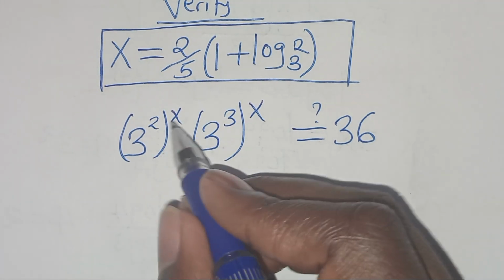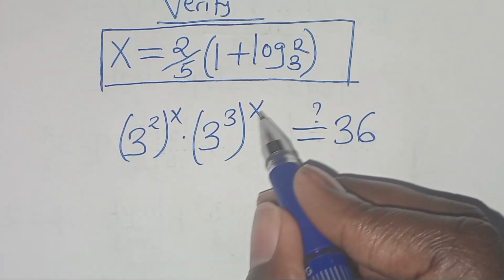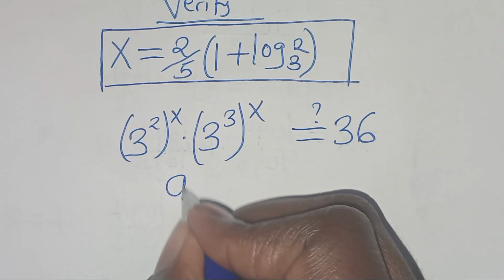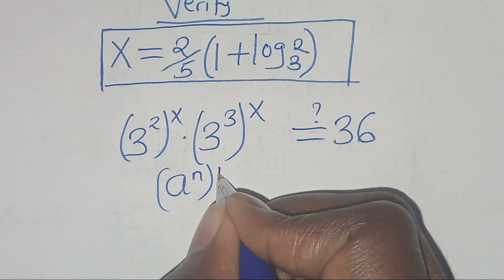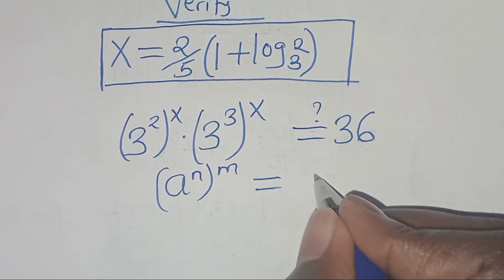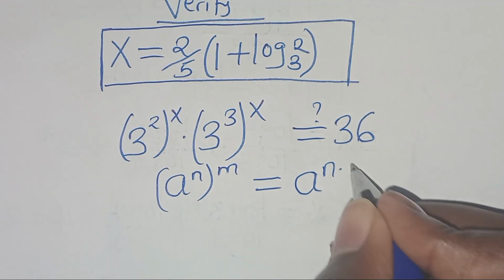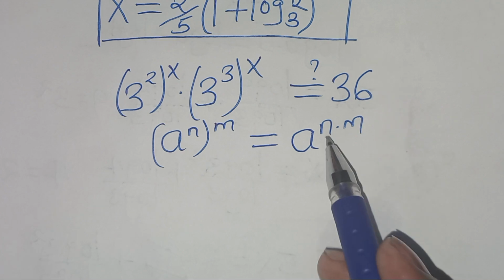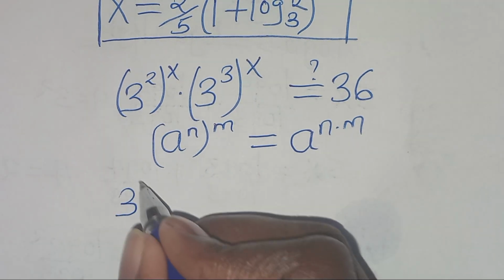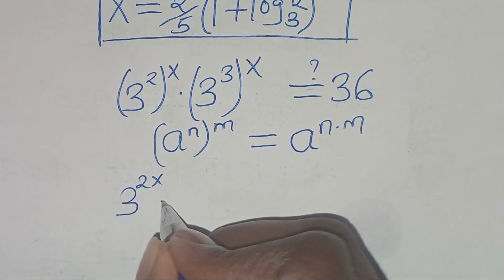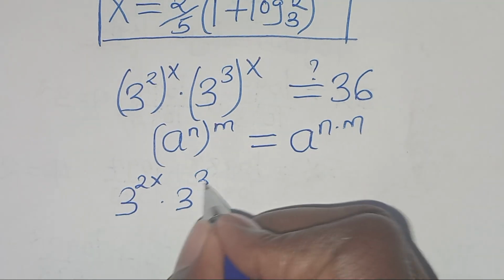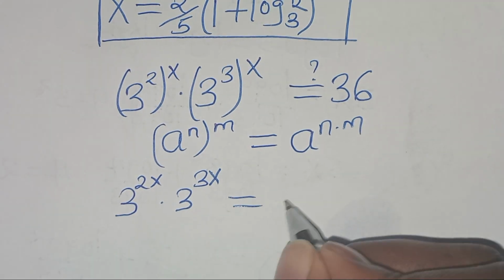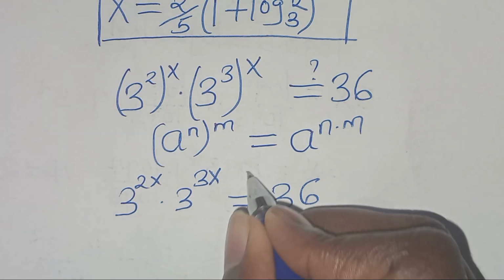3 to the power of 2 raised to the power of x, and 3 to the power of 3 raised to the power of x. This is in the form of a to the power of n raised to the power of m, which you can express as a to the power of n times m. Applying this exponent property, we have 3 to the power of 2x times 3 to the power of 3x. This should give us a value of 36.